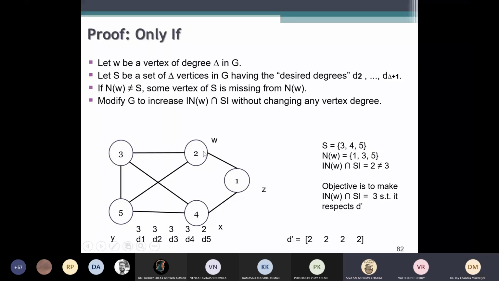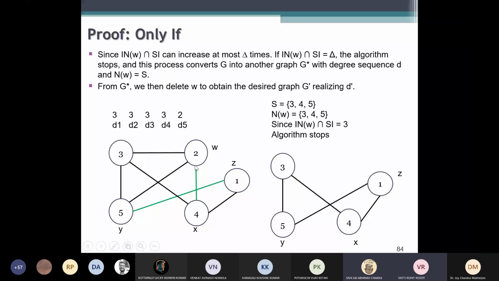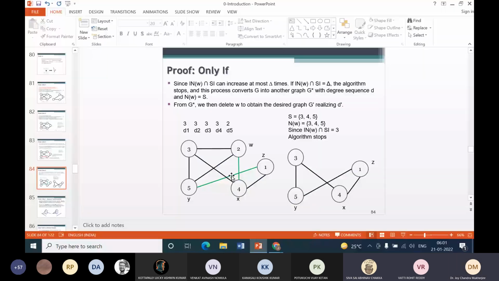Now if you do that, what happens? Its degree is 3, it has already degree 3, it has degree 2, it has degree 1. So you have to add this edge. So the challenge is how to choose this new edge.